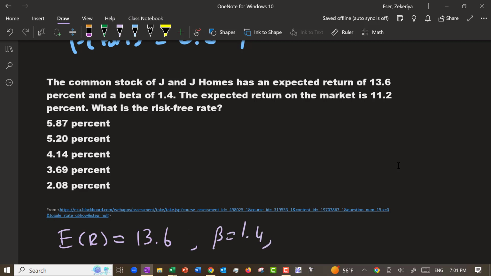In fact, I'm not going to even use percent. We don't know the risk-free rate. And expected return on the market portfolio is 11.2, okay?